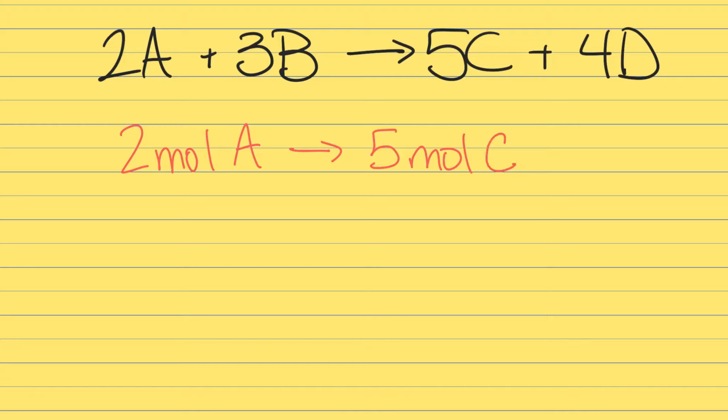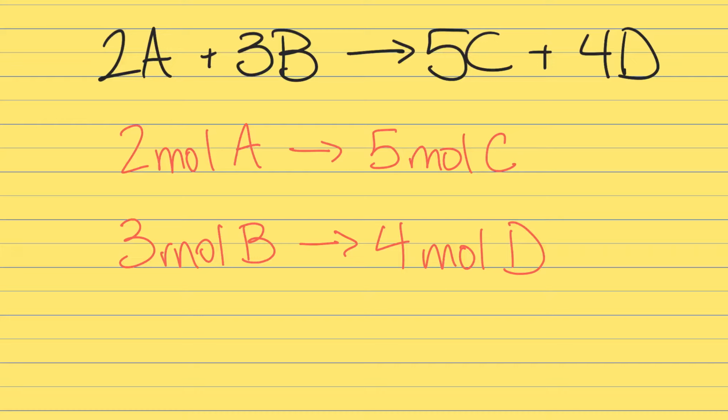How do we come up with that? Well, look at your chemical equation here. We have 2 moles of A will produce 5 moles of C. We could also say that 3 moles of B will produce 4 moles of D. Same idea.